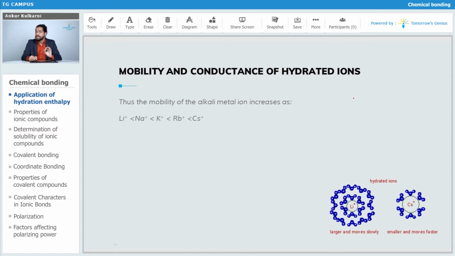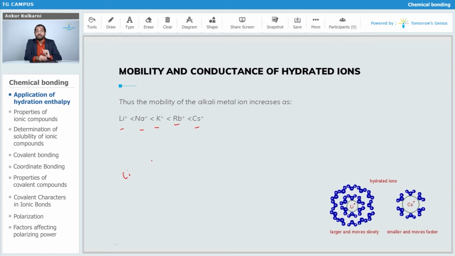Now let's understand with an example. In the case of lithium, sodium, potassium, rubidium and cesium, you tell me now which one will have the higher hydration. Now lithium will be having the least mobility. Why so?